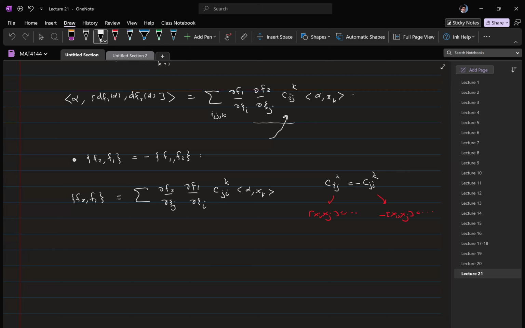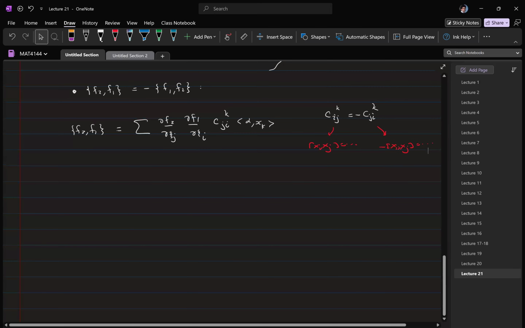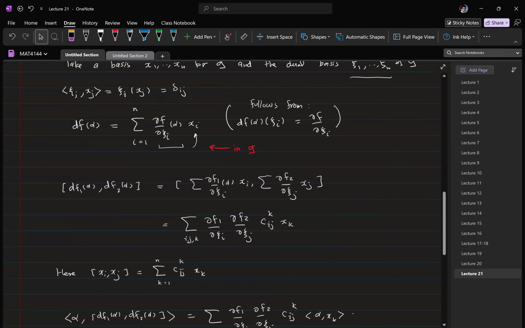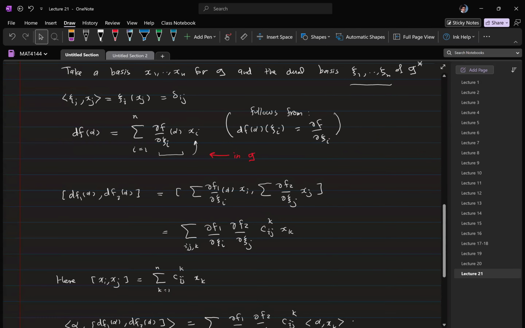Okay, all is good so far. Okay, so now this proves that skew symmetry holds. The Leibniz condition also is easy, and in fact, it's automatic from the formula up there. Okay, so what is the formula?